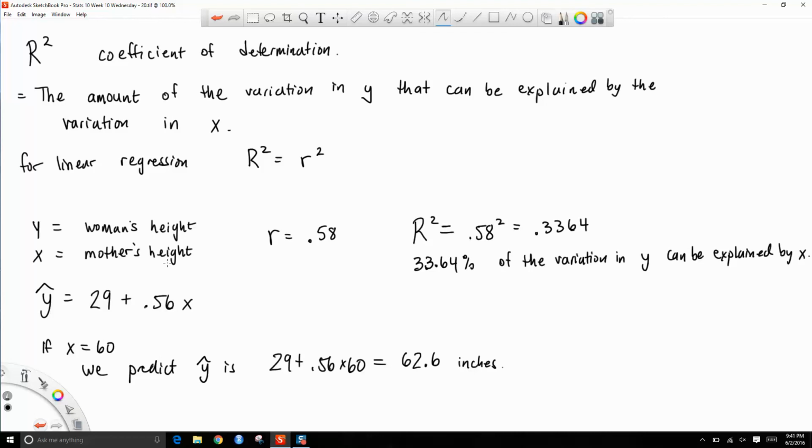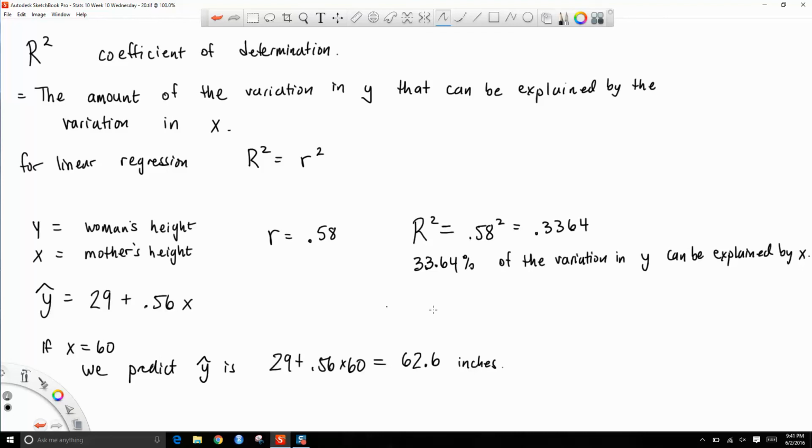What we're saying is that when we look at the numbers, and we see mothers have different heights, we can explain part of that by looking at the daughters that have different heights. So we're going to say 33.64% of the variation in y can be explained by x. And at least for linear regression, we can switch that around and say 33.64% of the variation in x can be explained by y.